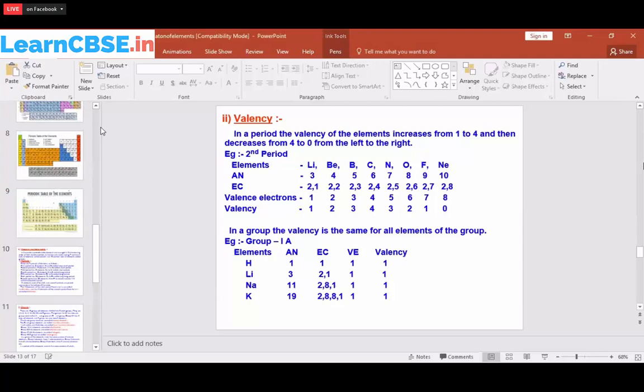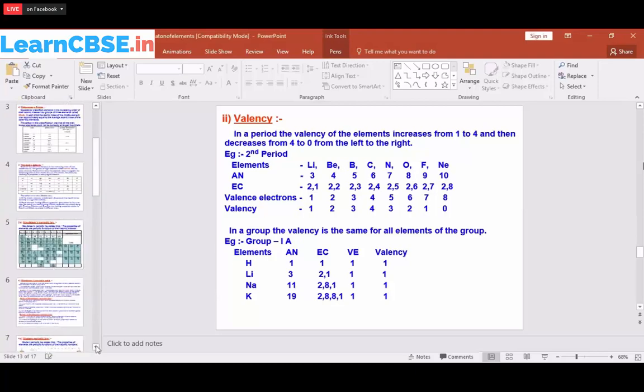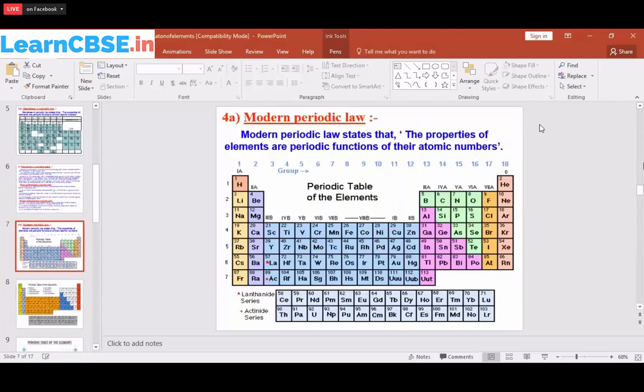They are inert at room temperature. These elements, helium, neon, argon, krypton, xenon, radon, are present in group 18, or we call it 0, because they don't have any valency at all, since they have completely filled outermost shells. That's why.